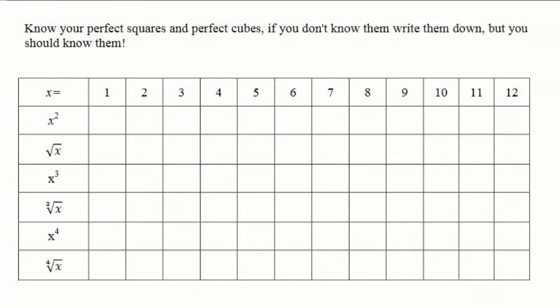And all we're doing is writing in the squares of each of these. So 1 squared is 1. 2 squared is 4. 3 squared is 9. Then we get 4 squared, 16, 25, 36, 49, 64, 81, 100.